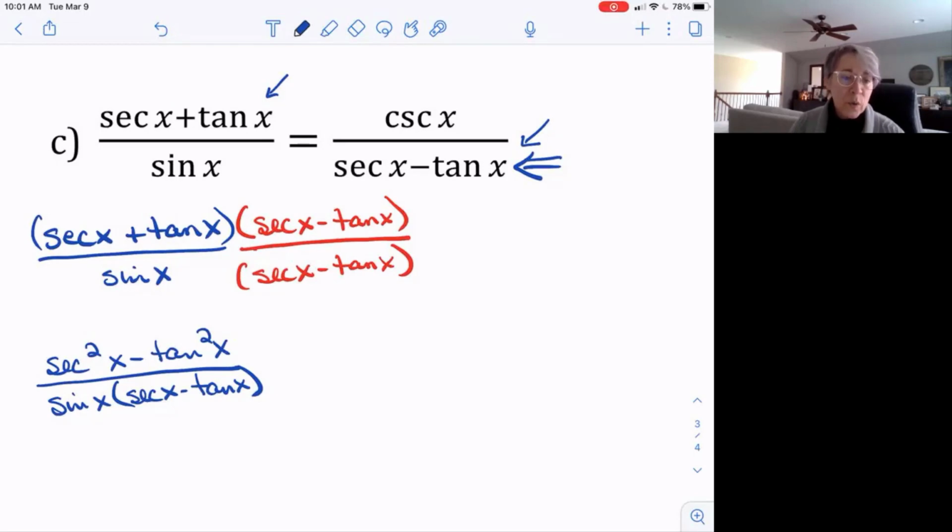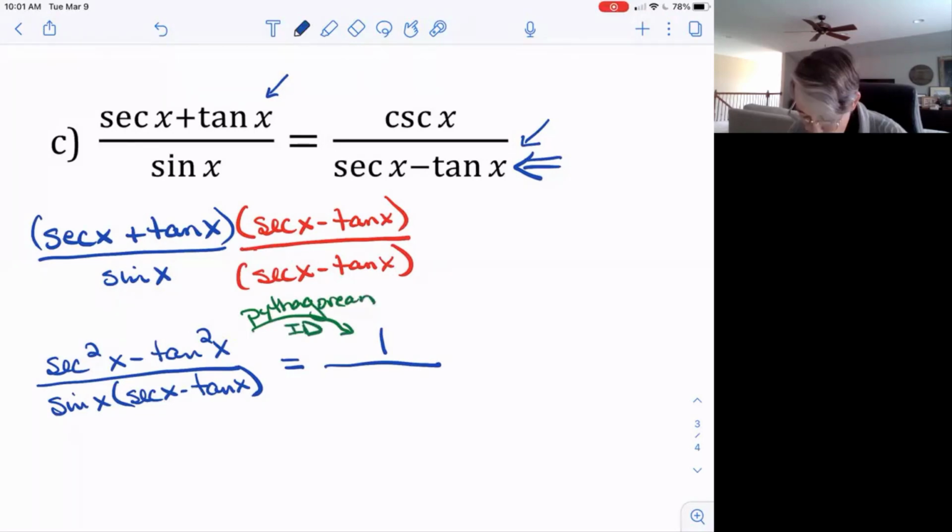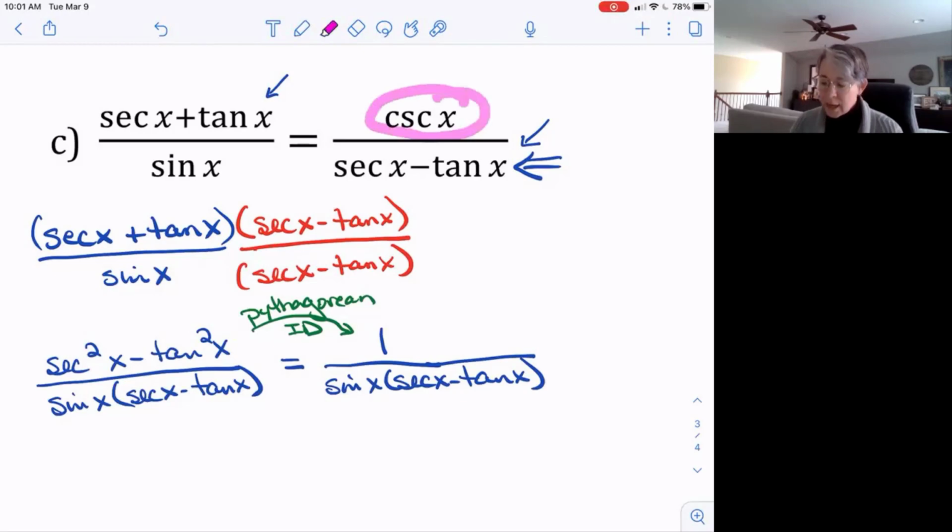Notice we have a secant squared x minus tangent squared x. That is part of the Pythagorean identity. That equals 1. Put yourself a note, Pythagorean identity. So we get 1 over the sine x times secant x minus tangent x. And again, we have the secant x minus tangent x in the bottom like we want. The only thing that's different here is we want a cosecant x in the top.